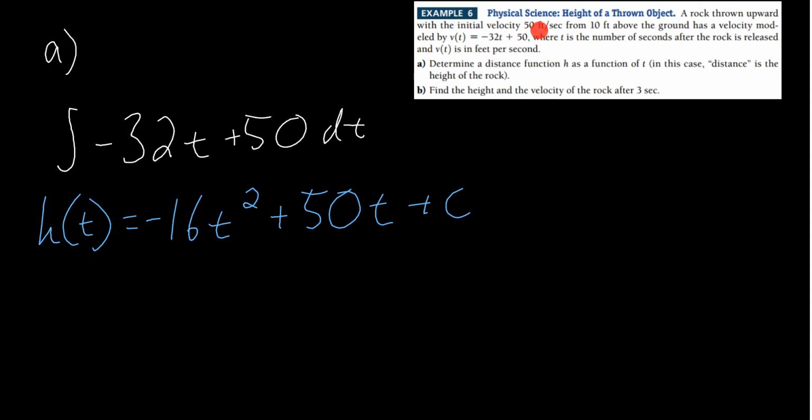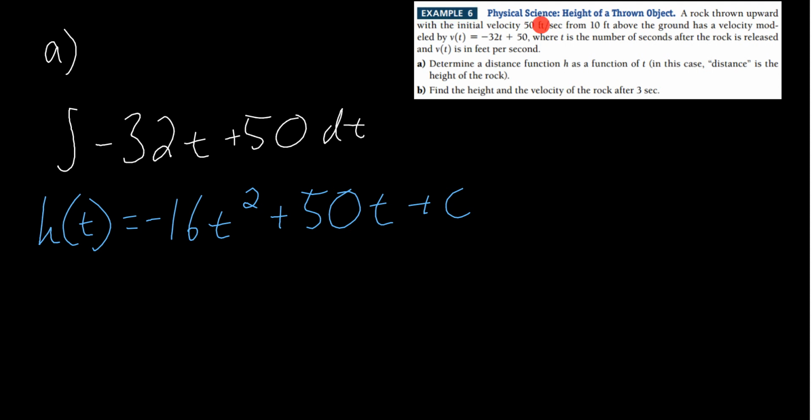We're skipping over the velocity here, and not just for fun. Looking at this function here, h of t, the only variables involved are h, which is the height, and t, which is the time. There is no velocity in this function.